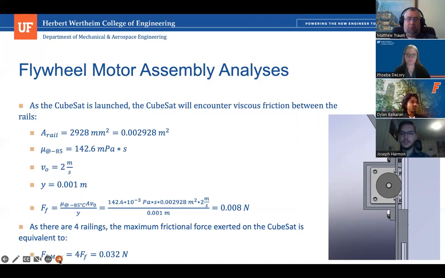We can calculate the total force of friction as the CubeSat is being launched out, and it was found to be only 0.008 newtons.